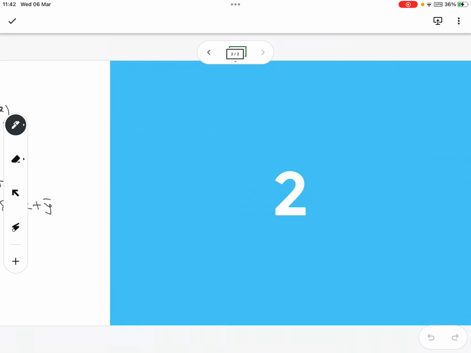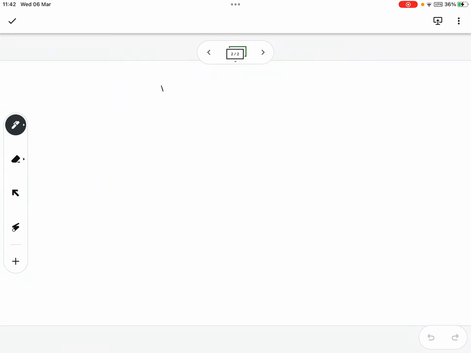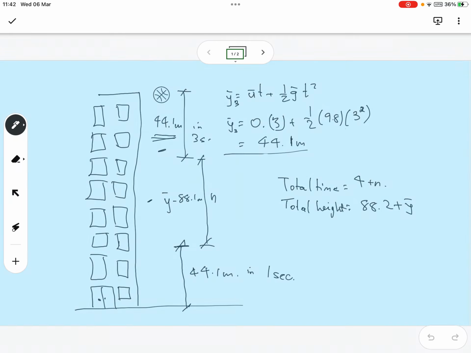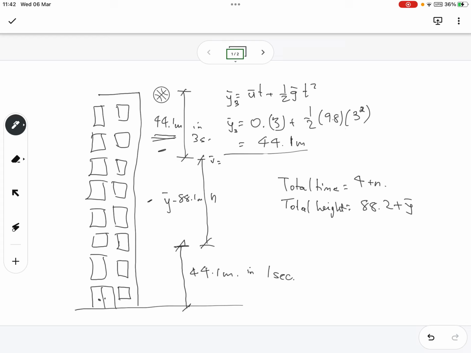That's the final velocity. So let's say final velocity at 3 seconds is 29.4 meters per second, right? And then we also have, which is this one's initial velocity.